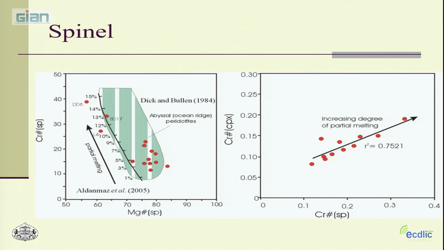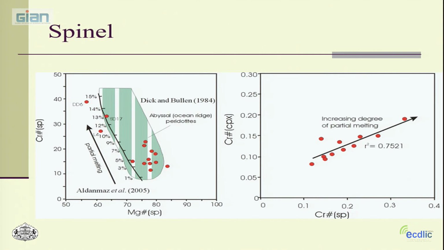Generally, to test how much partial melting there is, with increasing degree of partial melting you get to see the Cr number going on increasing. And here, when you plot the Cr number of the spinel versus the Mg number of the spinel, again you can see this is the trend, and they follow again over here 1 to 9% of partial melting.